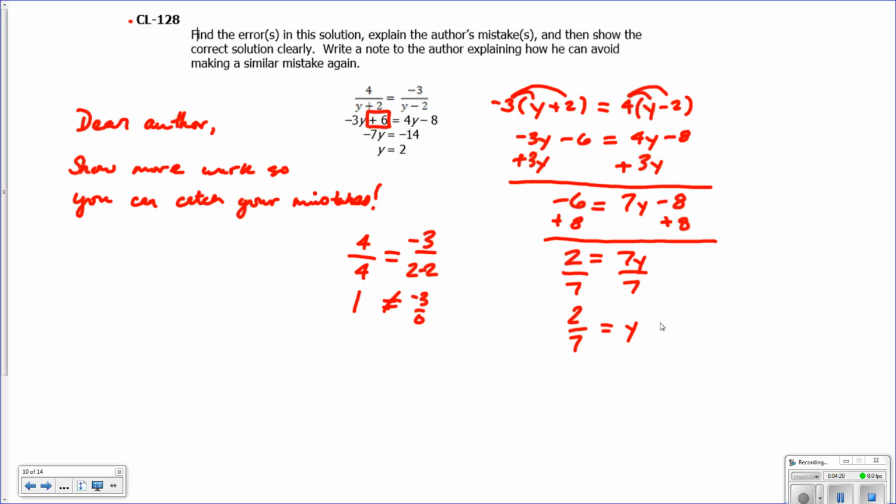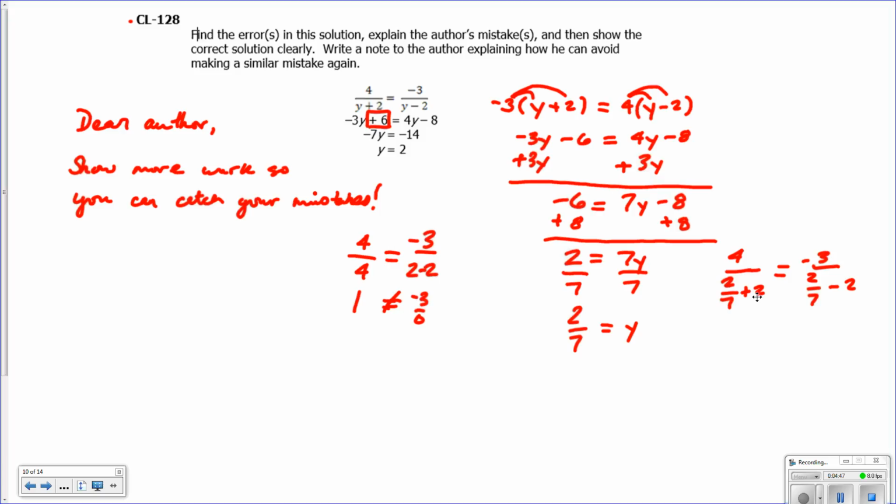Should we check our work? Let's do it. 4 over, we have 2 sevenths plus 2. That looks fun. And that's supposed to equal negative 3 over 2 sevenths minus 2.